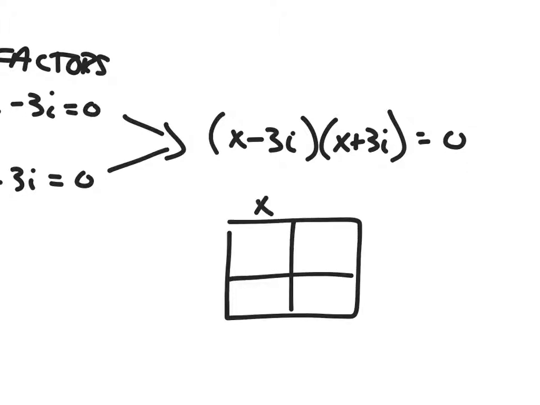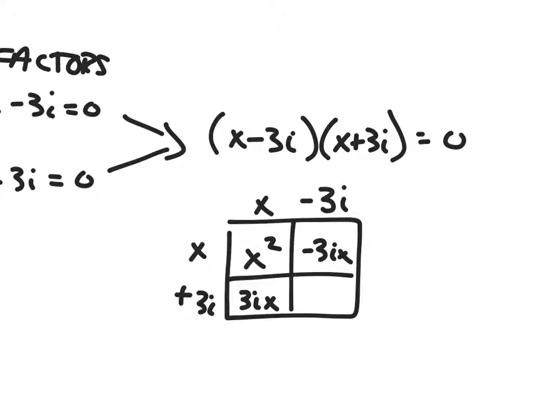So I've got x minus 3i and then x plus 3i. x times x gives me x squared. x times negative 3i is negative 3ix. x times positive 3i is 3ix. And then negative 3i times 3i gives me minus 9i squared.